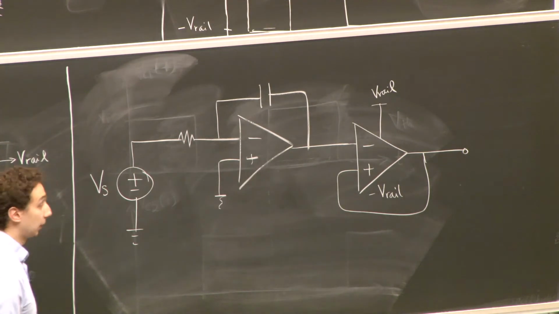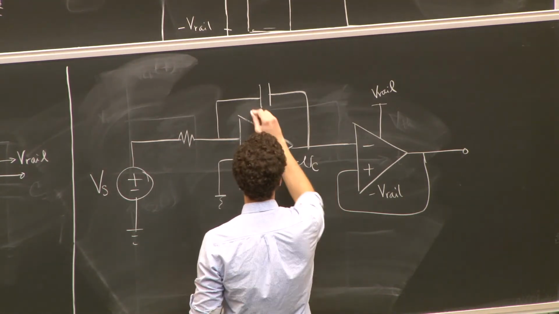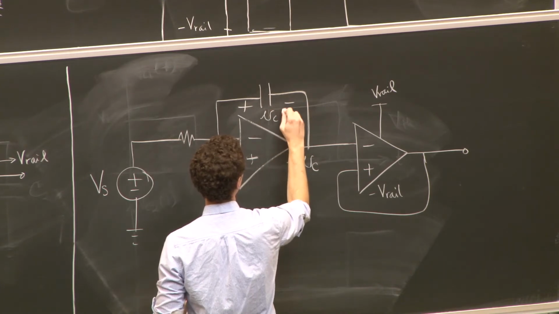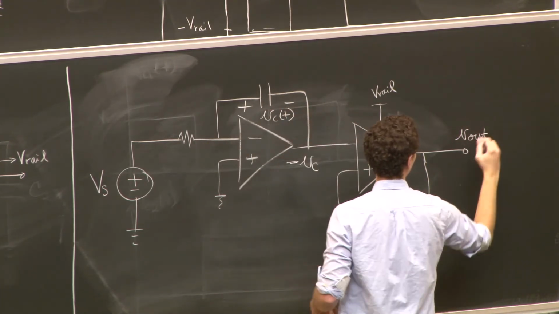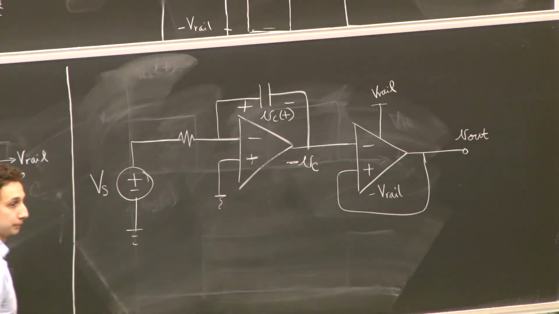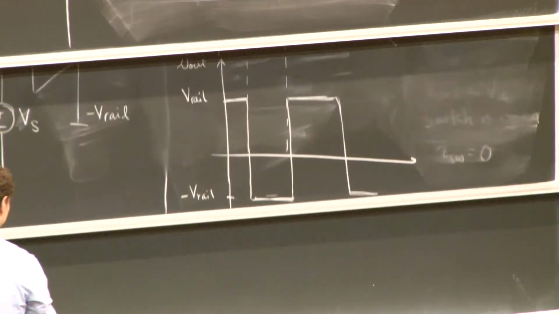Okay? Now we'll call this minus Vc, because this voltage again is Vc of t. And this we'll call V out. Now let's plot all the waveforms that we have in our circuit.